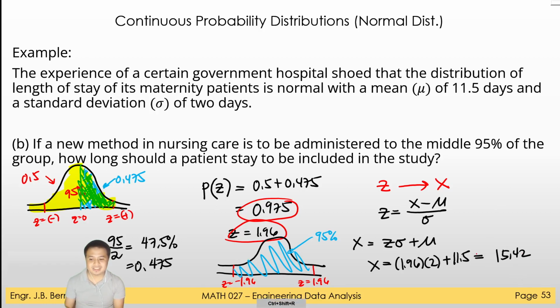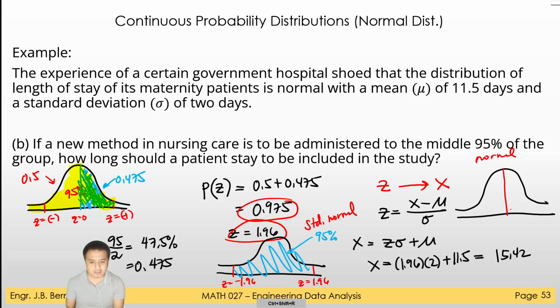Now, this is just the outer boundary. This was the standard normal, but when it is not standard normal, it is just the normal distribution in itself. So I'll draw this first.